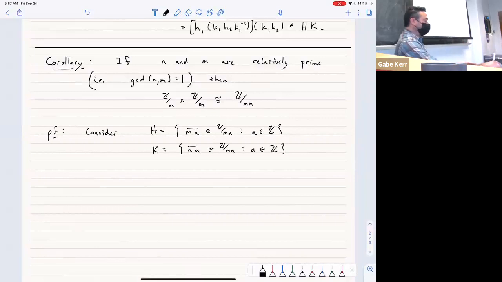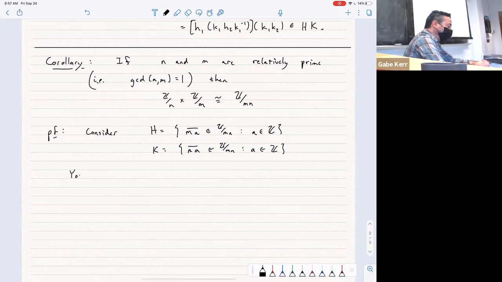These are clearly subgroups, right? If I take two multiples of m and add them together, I get a multiple of m. So it's closed. 0 is a multiple of m, and if I take a multiple of m and take its negative, it's a multiple of m. So these both are subgroups. Now I'm just going to say you can show that H intersect K is 0 bar, in Z mod mn.